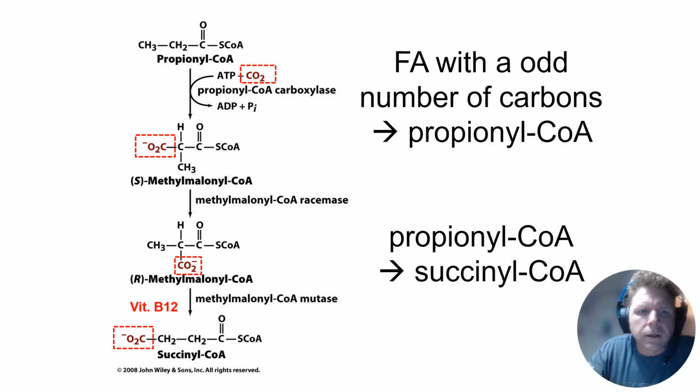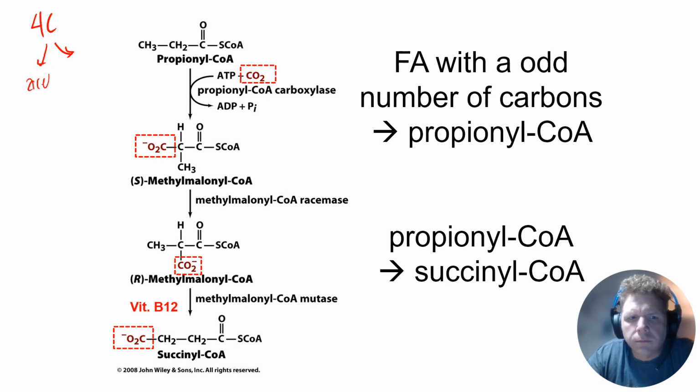Now, like I said a moment ago, when you get down to a molecule that's 4 carbons long, you're going to split that into 2 acetyl-CoAs. I'm going to say 2x here, just by virtue of splitting it and using coenzyme A to do as much.